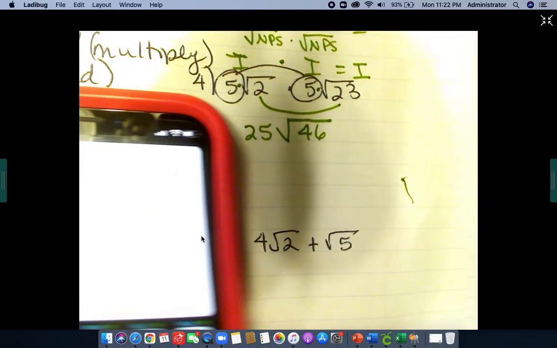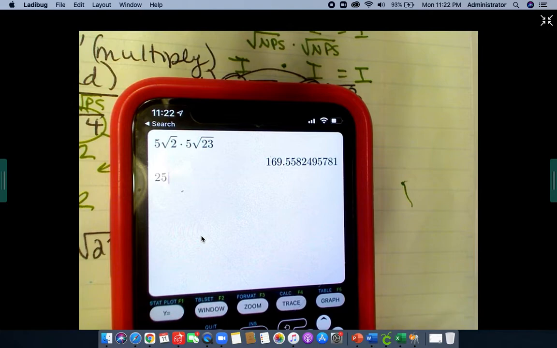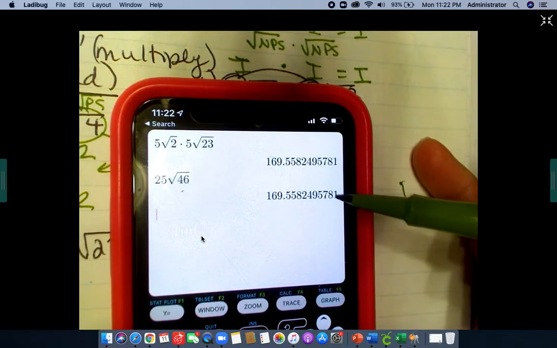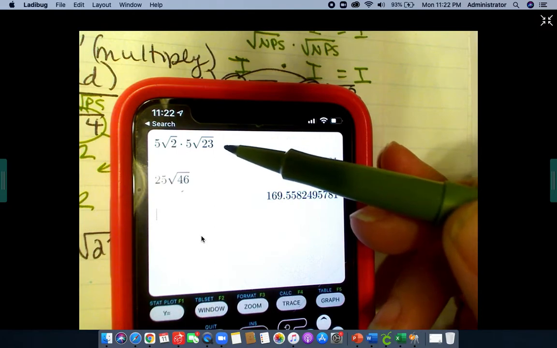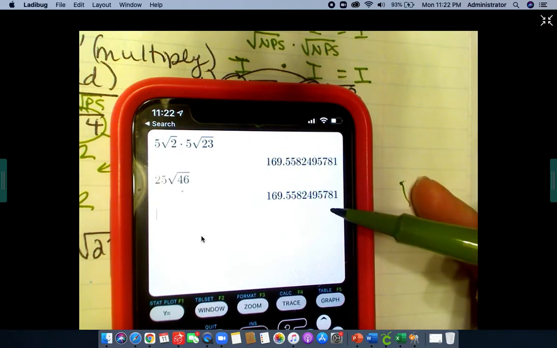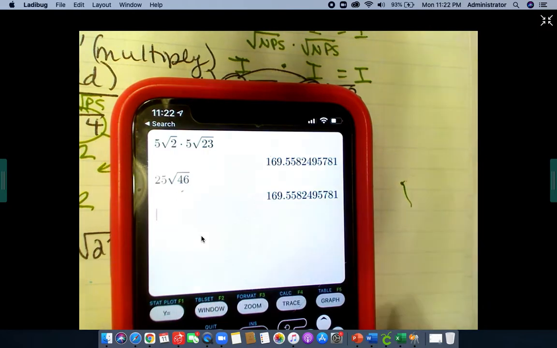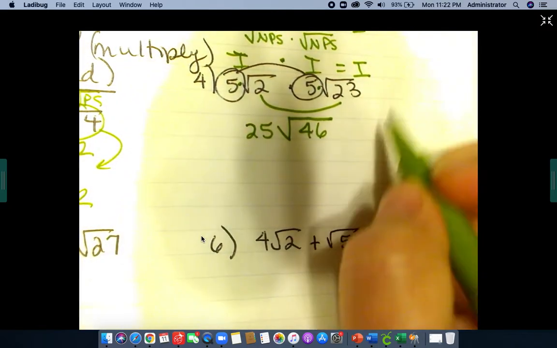Now, can I verify that 25 square root 46 makes sense? If that's what I get when I multiply it on paper and I press enter, my decimal value should match. That tells me that this expression that I got when I multiplied is equivalent to my original problem. I still get an irrational value, but it's not going to spit out 25 square root 46 for you.